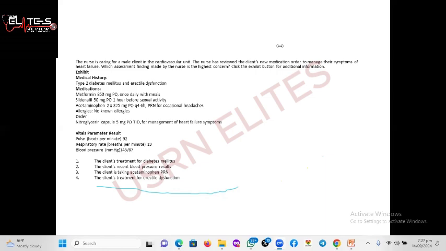But after 3 days, the healthcare provider will stop the heparin and the client will continue with the warfarin. By then, the effect of warfarin might have started. So that is how to give the 2 concurrently. If you meet a question on that, that is how they give the 2 medications together.